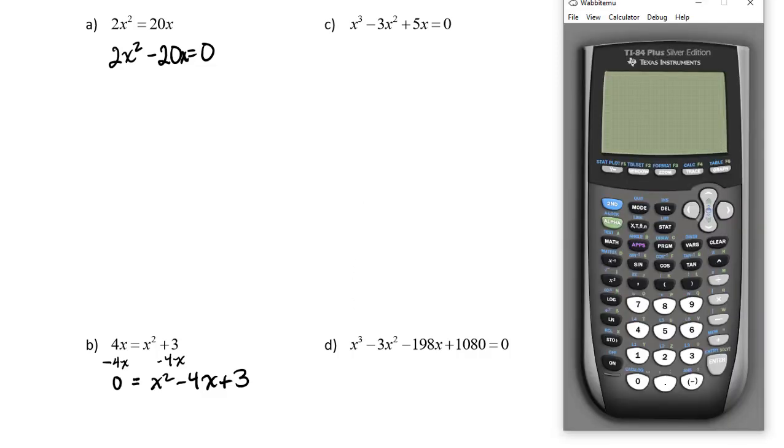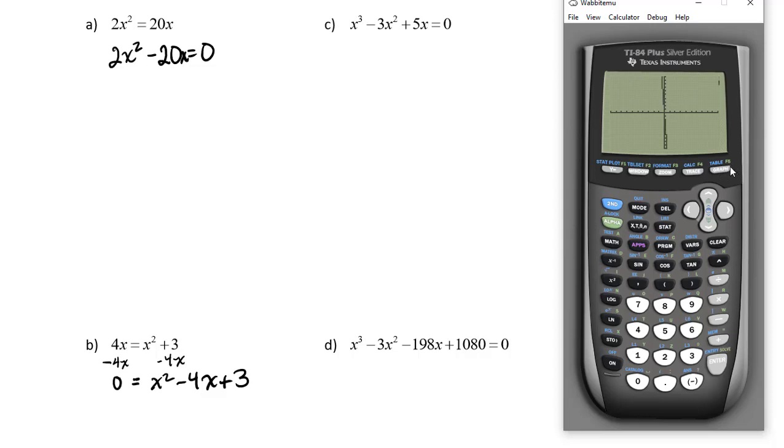And so what we're going to do is use our calculator, turn it on, go to y equals, and type in y equals 2x squared minus 20x. Hit enter. Now, go ahead and graph this.